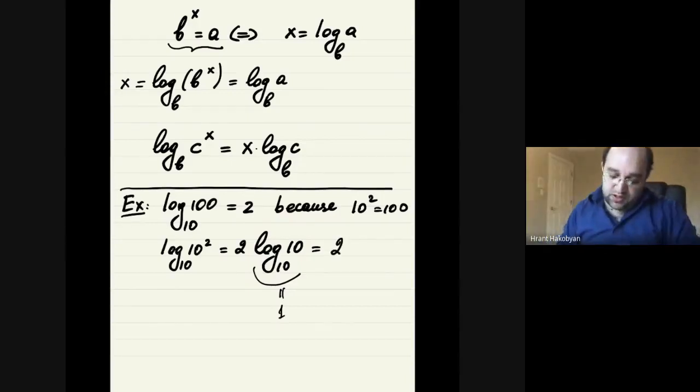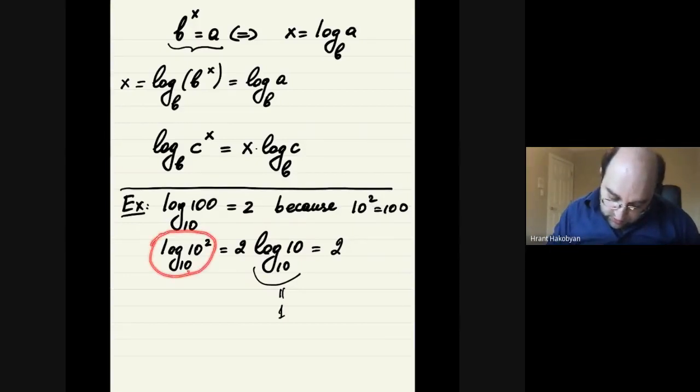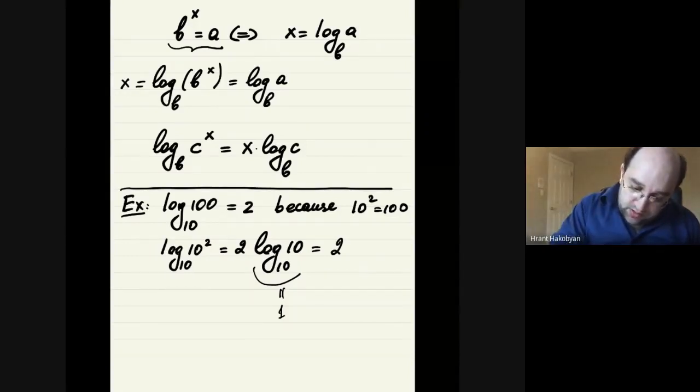So what that means is if I have log base 10 of something, and I write it as 10 raised to some power, then that power is my logarithm. That's my answer. So here is another example. Let me make this a little smaller.